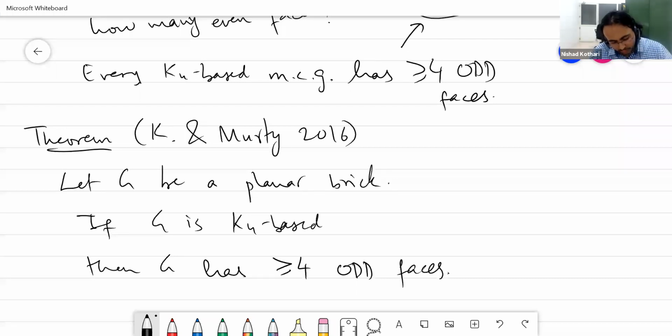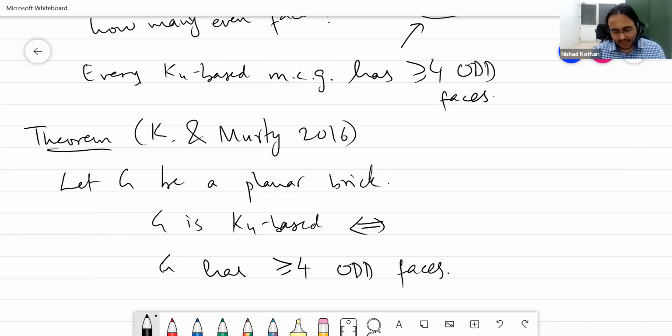But what we proved, which is the difficult direction of the theorem, is that this is if and only if. So whenever the graph has at least 4 odd faces, there will always be a K4 inside it.